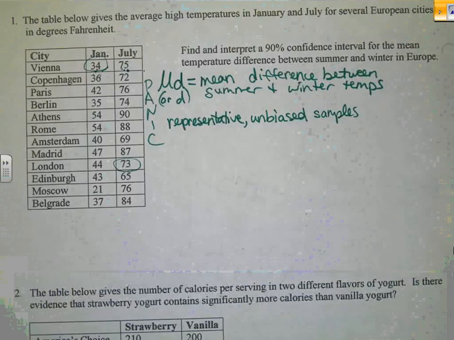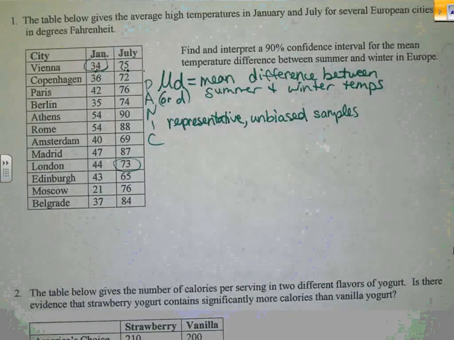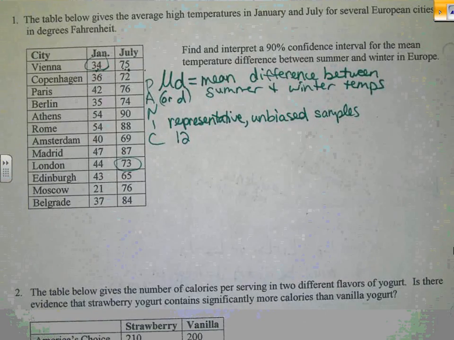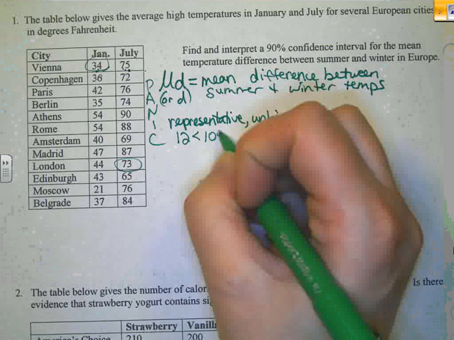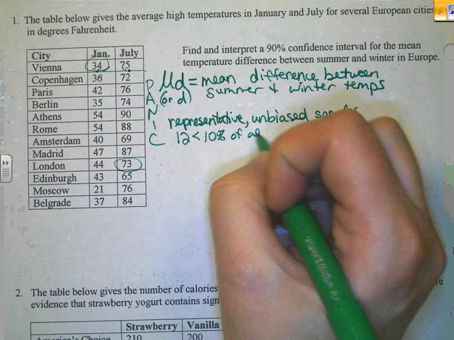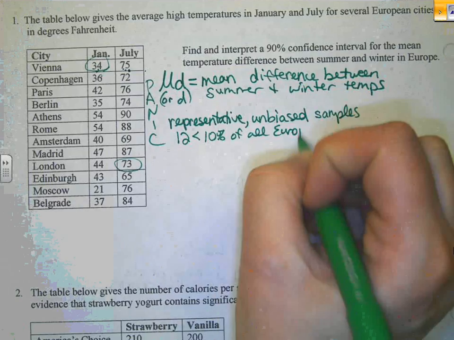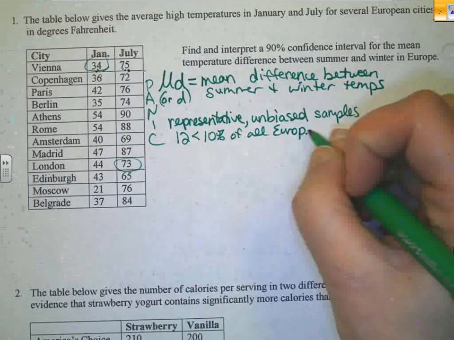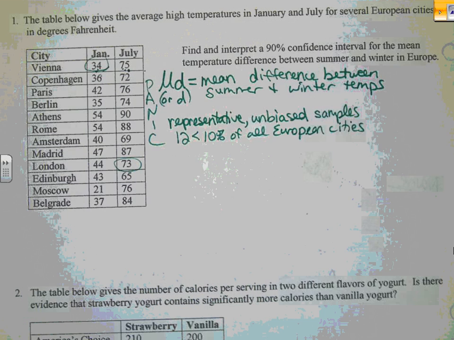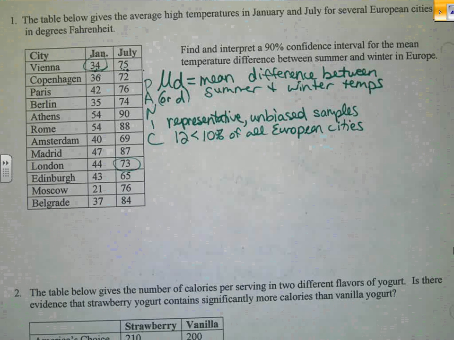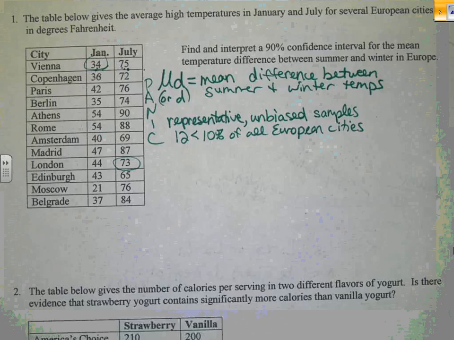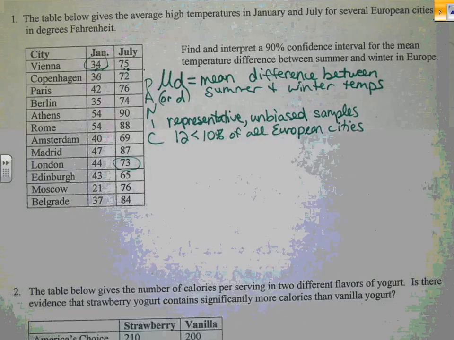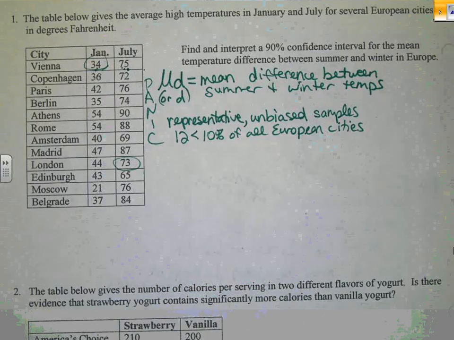How many pairs? I feel like Copenhagen's in Finland, right? I think so. All countries? Of cities. European cities. Okay, and then the last condition, are we going to have to make a histogram or do we have enough information? Yeah, unfortunately. So, if you haven't already, let's type these into the list.